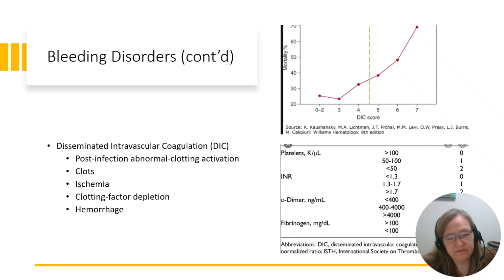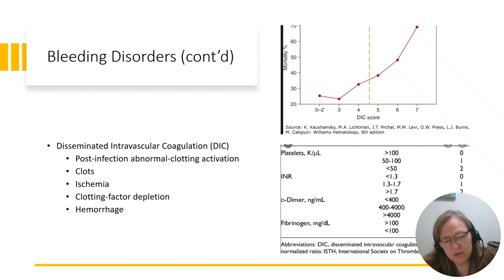Several things can trigger DIC. It can be triggered by a hemorrhage, which is what happened in my patient. It can be triggered by clotting factor depletion, and that's really why a hemorrhage triggers it, because if the patient's bleeding and the body is trying to deal with a hemorrhage, it tries to clot, and that's why it runs out of clotting factors.